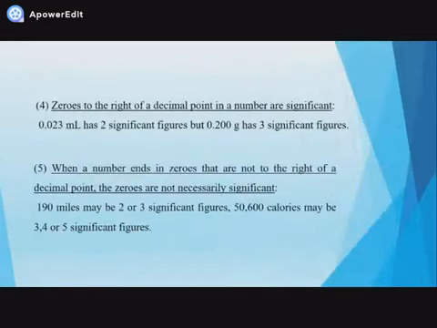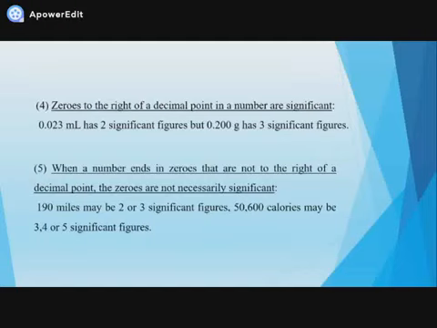Rule number 4 is zeros to the right of a decimal point in a number are significant. For example, 0.023 ml has 2 significant figures but 0.200 gram has 3 significant figures.